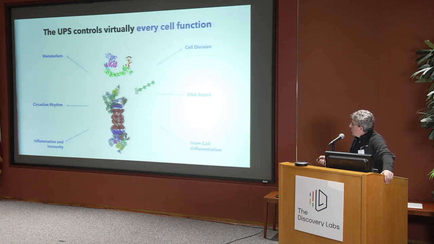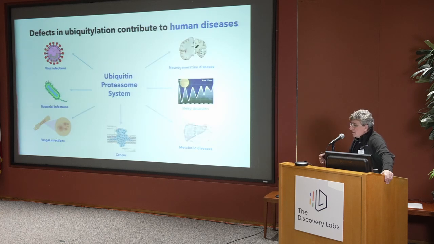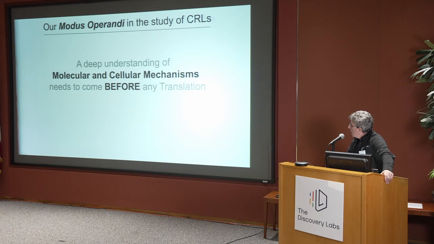And again, as mentioned by Avram, UPS controls virtually every cellular function. Its deregulation is involved in many human diseases. And in our lab, we study mostly cancer. So there is a lot of talk about translating basic science, but clearly a problem with translation is often due to bad basic science.